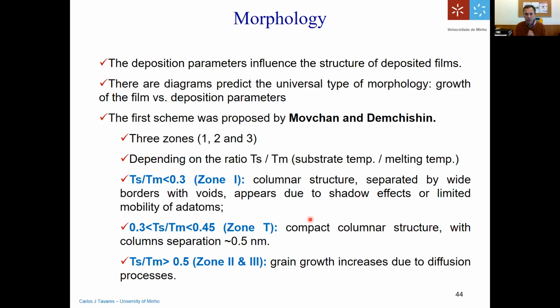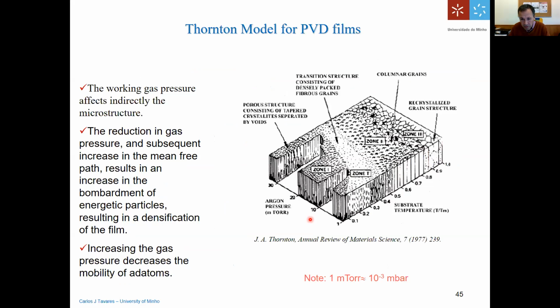Now, the morphology of the coatings can vary a lot depending on the pressure used for the deposition, and also on the ratio of the temperature of the deposition to the melting temperature of the target material. I'll show you a graph here. It's from 1977 from Thornton, but this model is still very much used today.